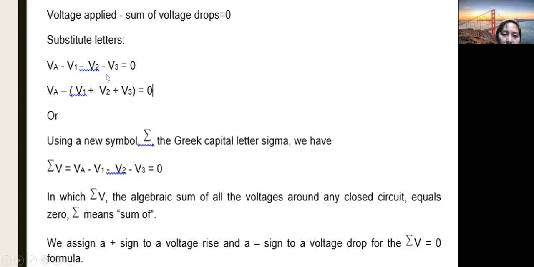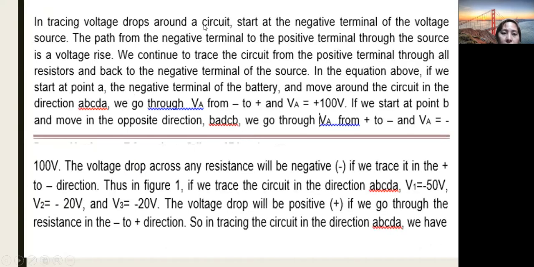The numbers here, again, these are the voltage drops. So in tracing voltage drops around the circuit, start at the negative terminal of the voltage source.